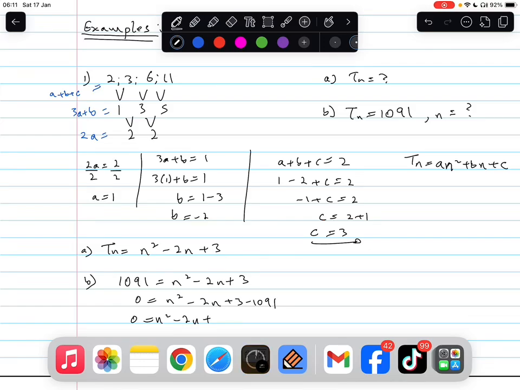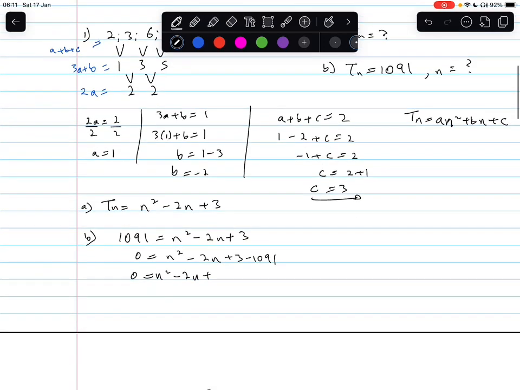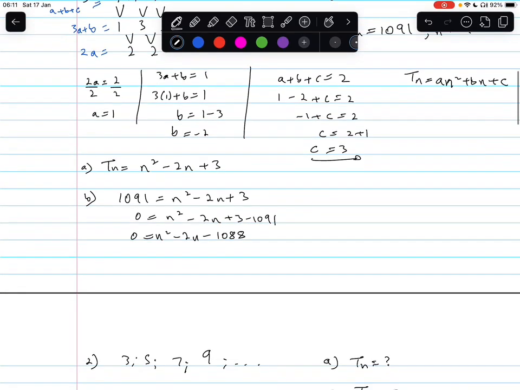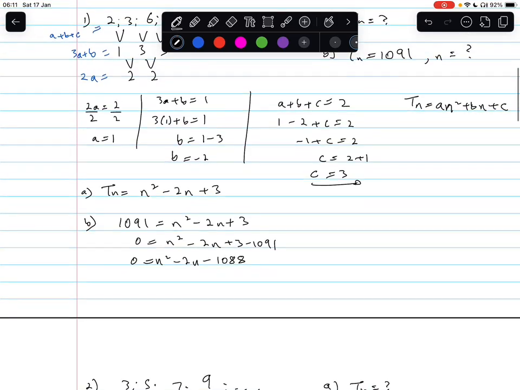Okay, so I'll use a different calculator while that's loading.